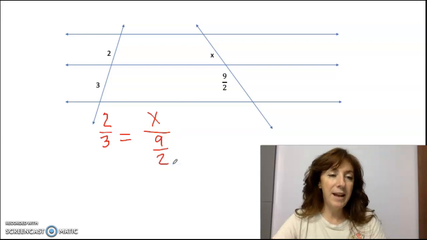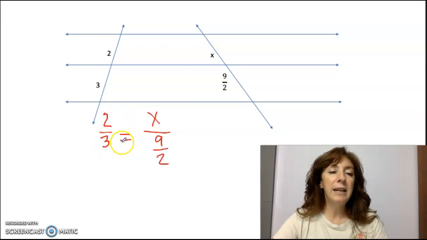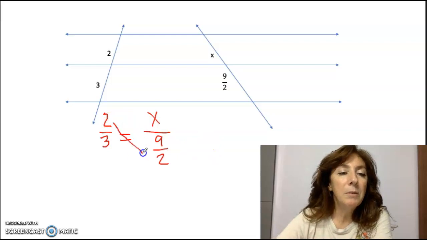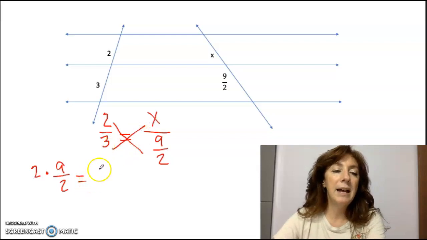You see how I do that? 2 is to 3 as x is to 9/2. I'm going to cross multiply. So I have 2 times 9/2 equals 3 times x.